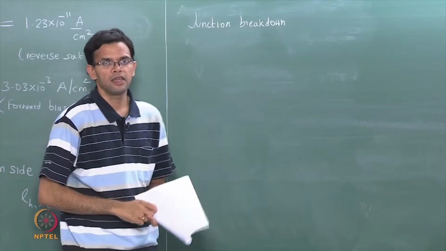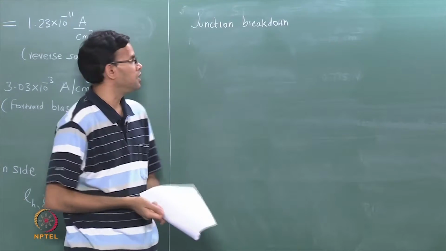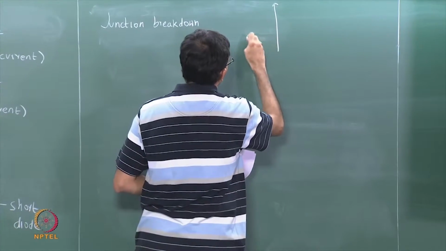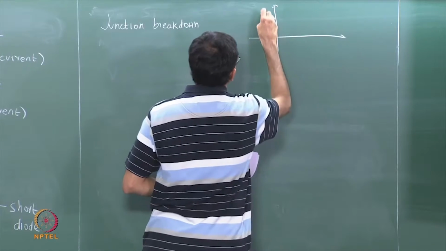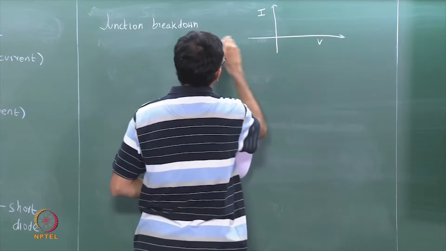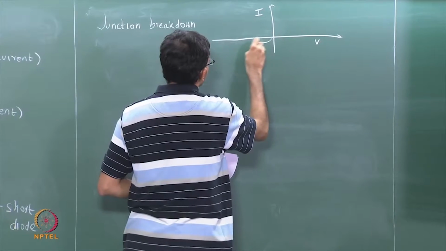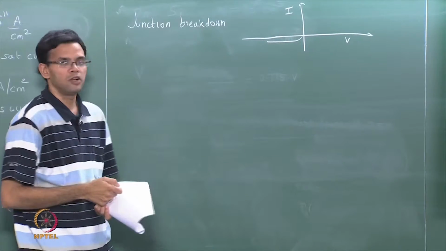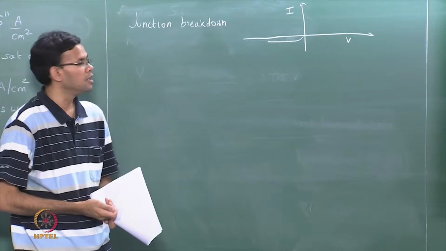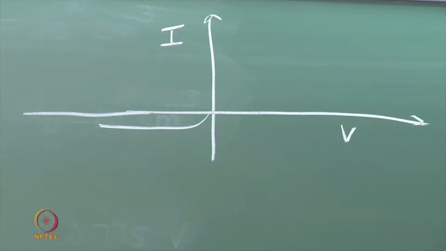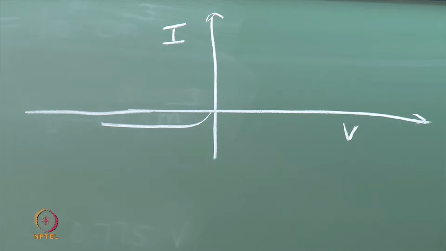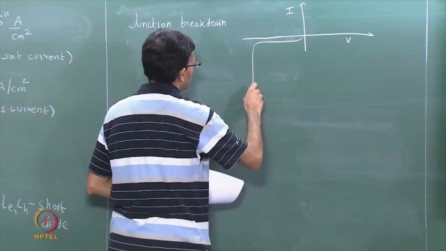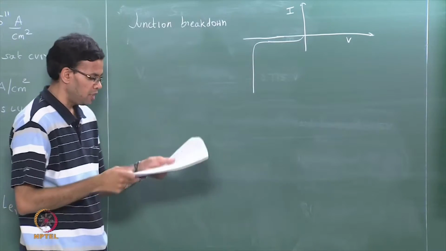We said that in the case of a PN junction in reverse bias, the current is a constant and does not depend upon voltage. So, we said that the current is a constant which is equal to the reverse saturation current, but it turns out at really large voltage values the diode breaks down, so that you have a large reverse current flowing through the material.